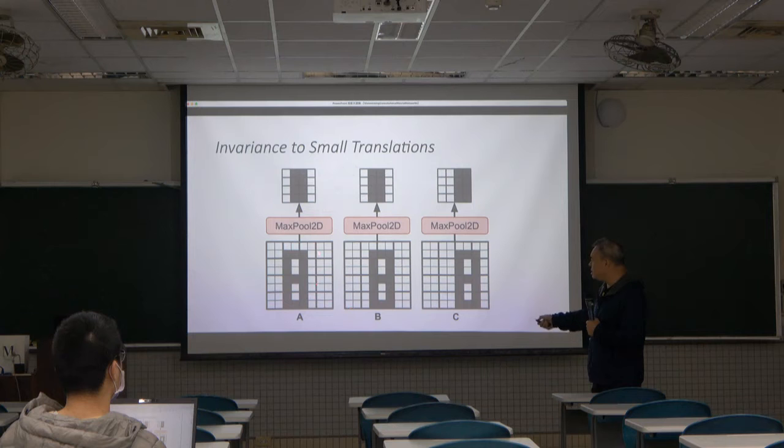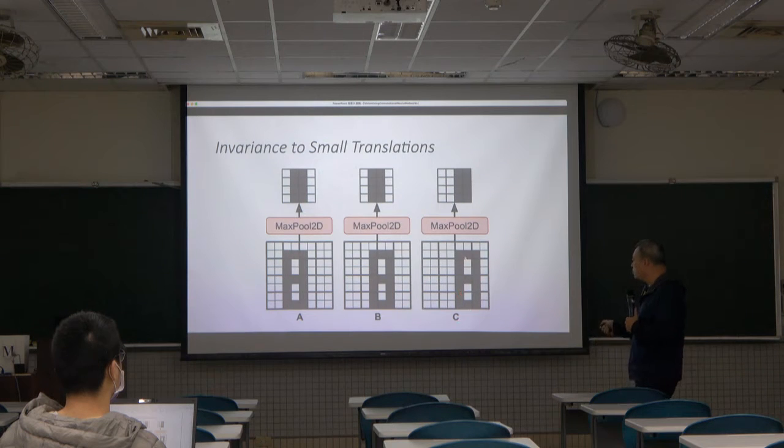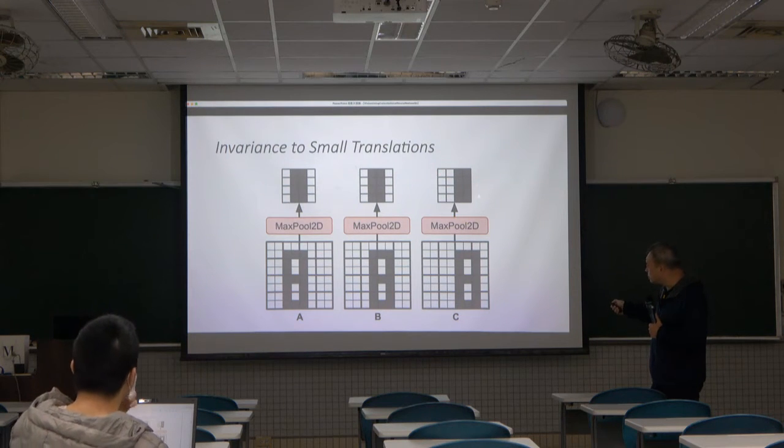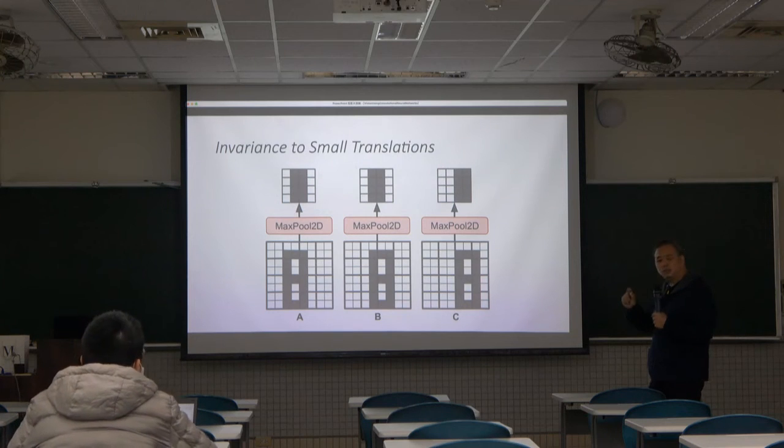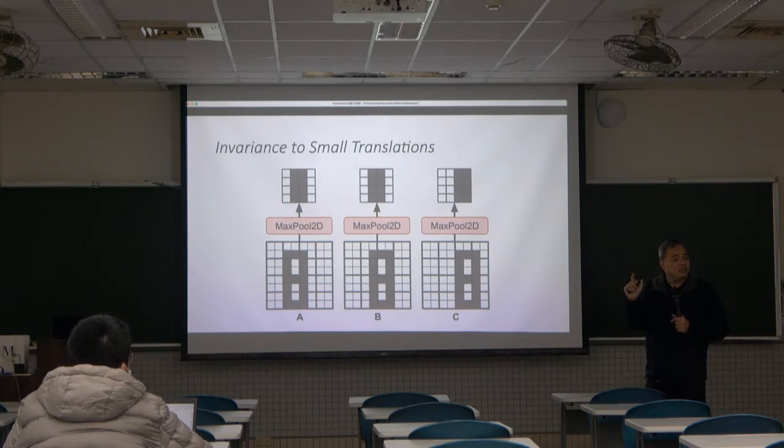For this 8, even though we move 1 pixel to the right, we get the exact same thing here. And if we move more to the right, after applying max pooling of 2 by 2 the result changes slightly, but these three are still very similar. Especially the first two, they are identical, right?